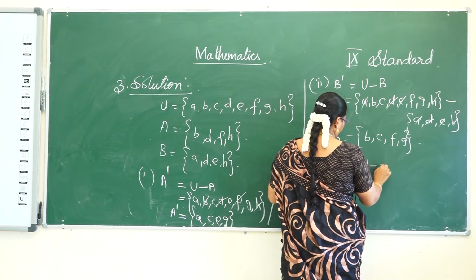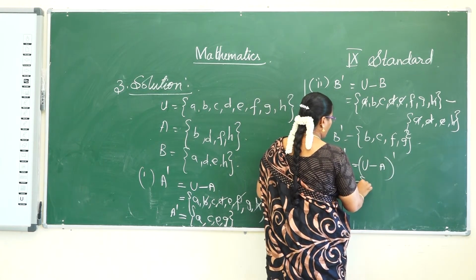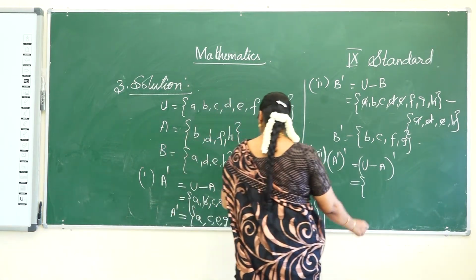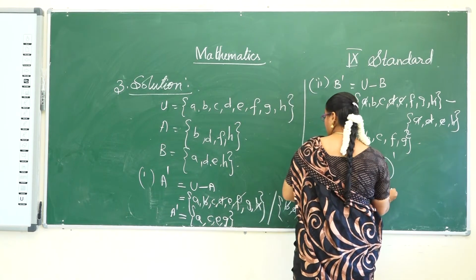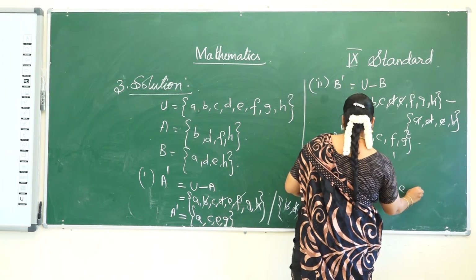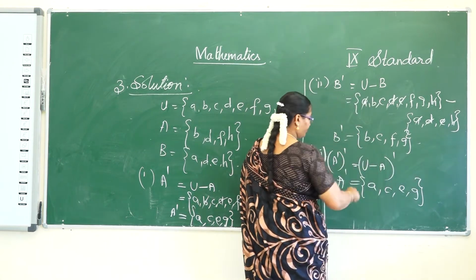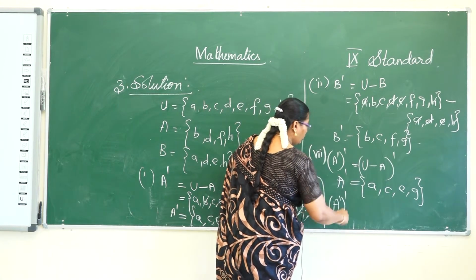Universal set difference of A, the whole complement. So universal set difference, we already found the A dash values: A, C, E, G. Here you want to find A dash, the whole complement.